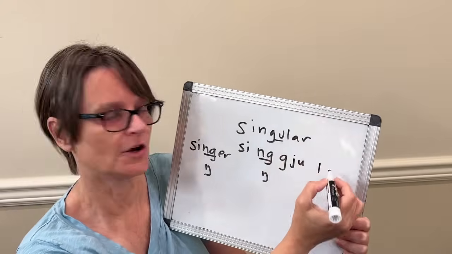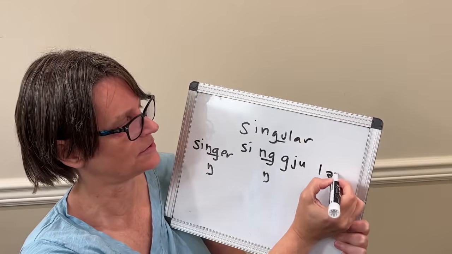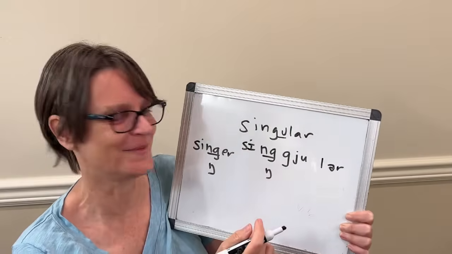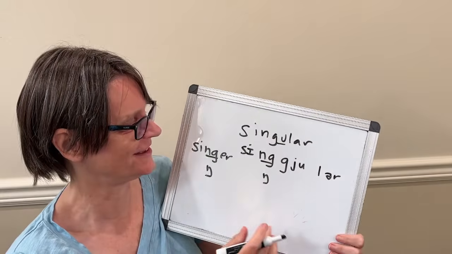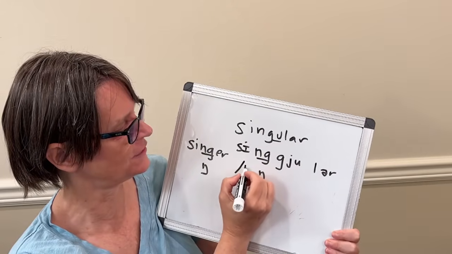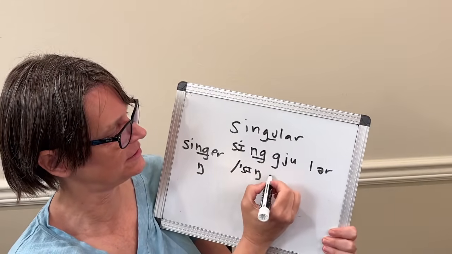And then my AR is just going to be a schwa sound. So sing. I'm mixing up where I'm putting the IPA and where I'm doing my alternate spelling. So this will be the IPA. So we have first syllable stress, singular.